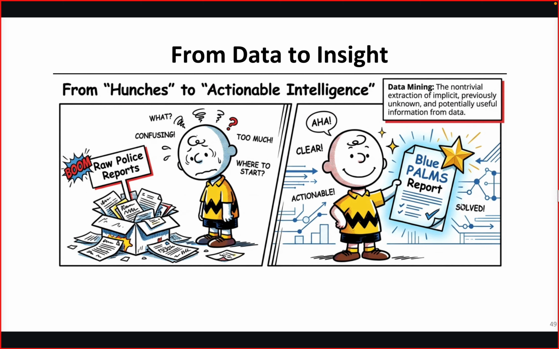So from data to insight, a lot of the time we see the word insight. To be more specific, it's kind of a pattern or structure that exists in the data. It's waiting for you to find out, to discover. Okay. So there's what's called a hunch, and then actionable intelligence.